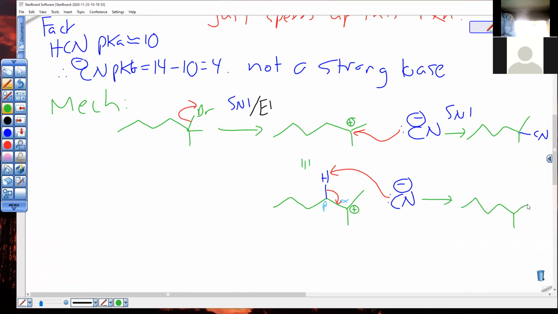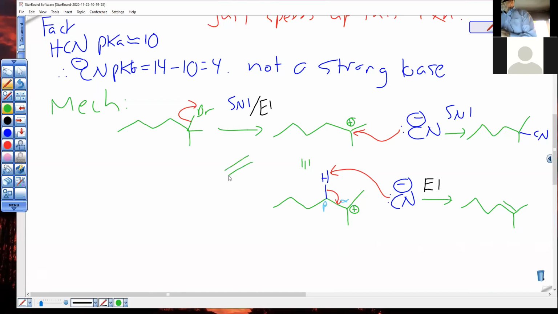Remember, elimination makes pi. Make sure you draw a pi when you do elimination, whether it's unimolecular, which is happening here, or bimolecular in E2. Make pi between what two positions? Alpha and beta. Okay. And you can also have the other product.